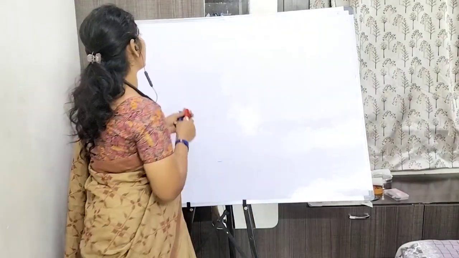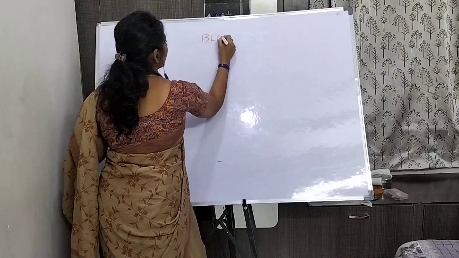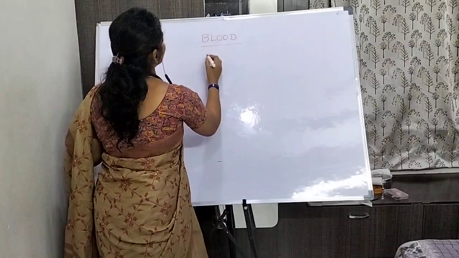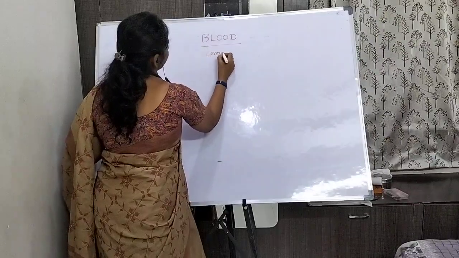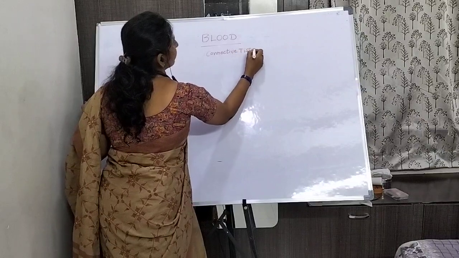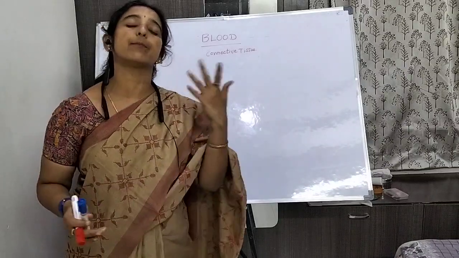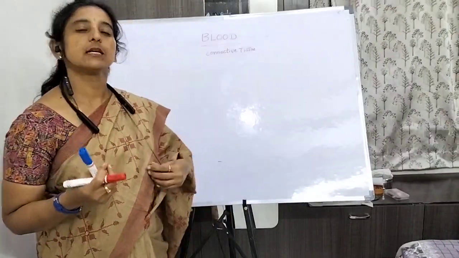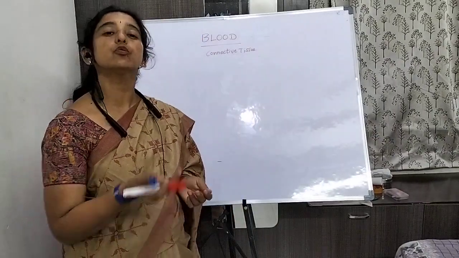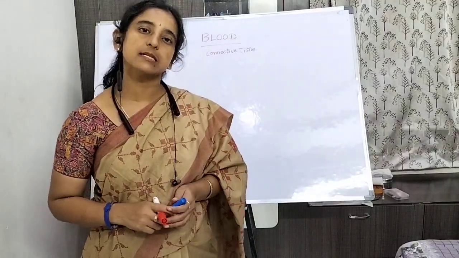So blood is a connective tissue. Blood is which type of tissue? Connective tissue. So connective tissue means it transports all types of components such as proteins, amino acids and different types of useful materials or useful substances, as well as waste substances.